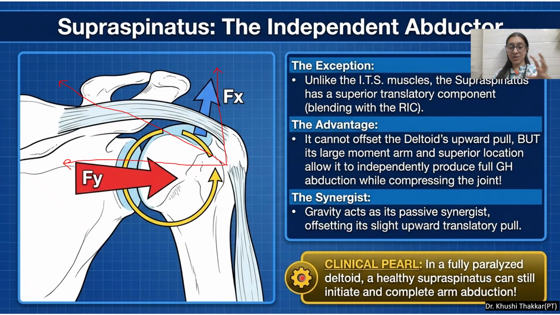So we consider this case scenario in which a patient comes with a paralyzed deltoid. If your supraspinatus muscle is healthy, the patient will yet be able to initiate and complete arm abduction because it is an independent abductor. One more case scenario which I would like to discuss is in a stroke patient when all the muscles are paralyzed.